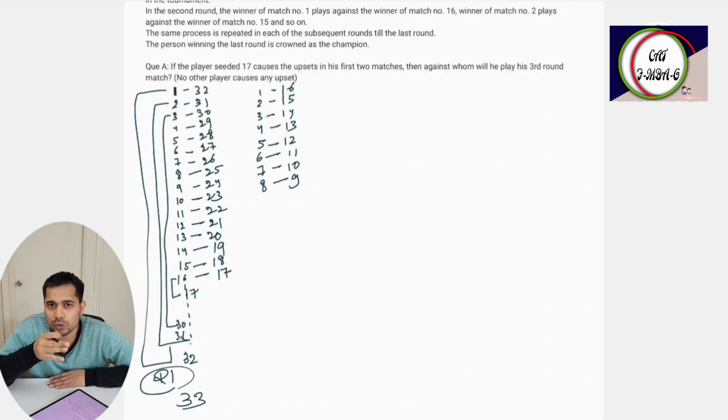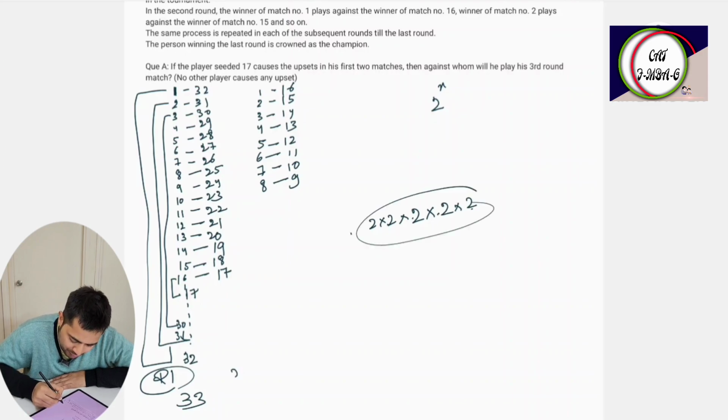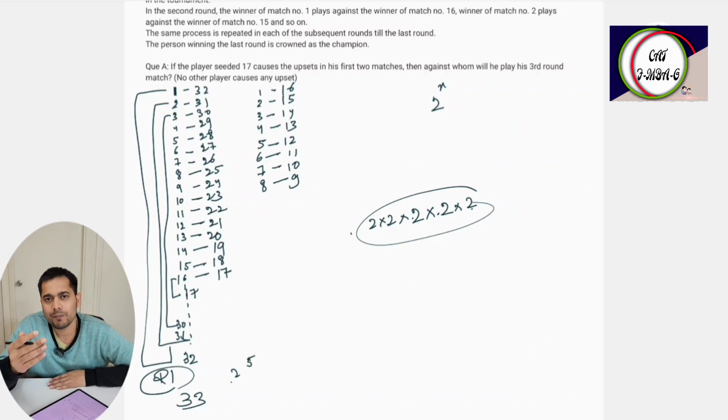Initially 32, then 16. Also remember that if the number of teams is a power of 2, here it is 2 to the power x: 2 into 2 is 4, 4 into 2 is 8, 8 to 16, 16 to 32, that is 1, 2, 3, 4, 5. So it is 2 to the power 5. Every time half of the teams will go ahead.